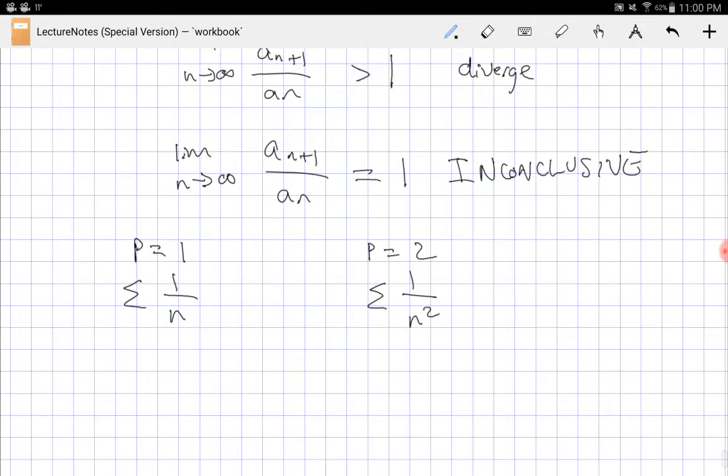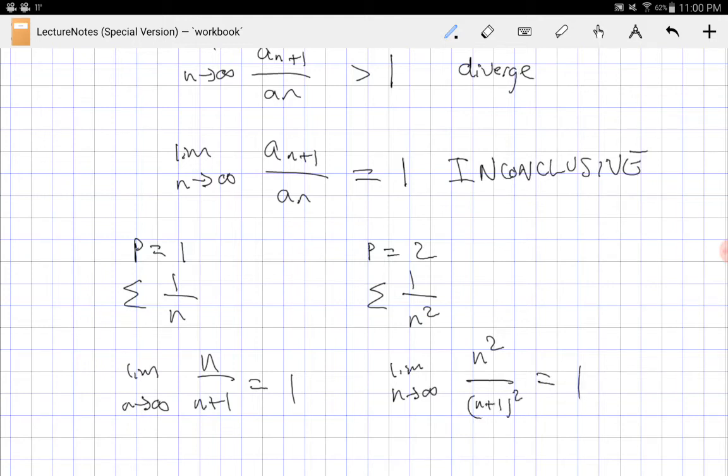If we were to use the ratio test, we get the limit as n goes to infinity of n over n plus 1, and this is equal to 1. And here we get the limit as n goes to infinity of n squared over (n plus 1) squared, and this also equals 1. And obviously, this is a diverging series, which we know from the p-test, and this is a converging series, which we know from the p-test. So when this limit goes to 1, it can be either, which is why we call this test inconclusive.